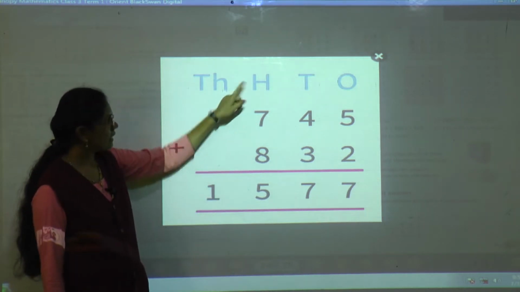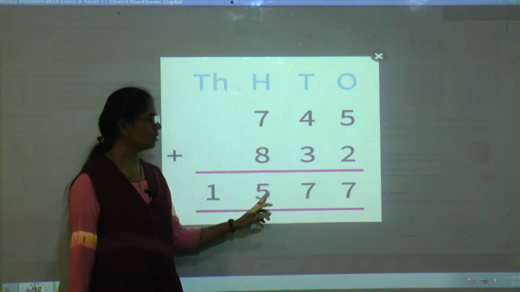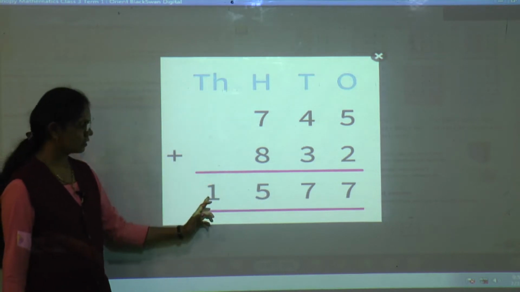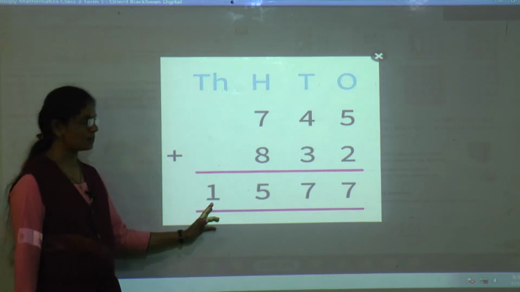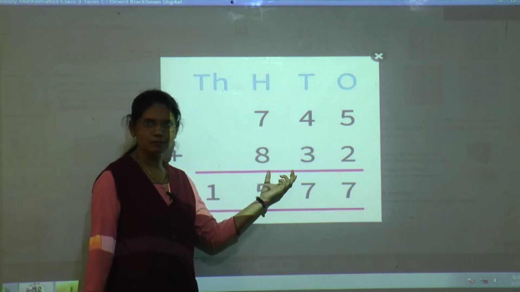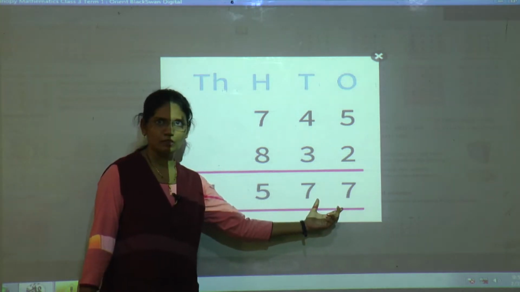So 700s plus 800s, we will get 1500. Okay, so we will write 5 here and 1 will be written at thousands place. So sometimes if we add 3-digit numbers, then we get a 4-digit answer.